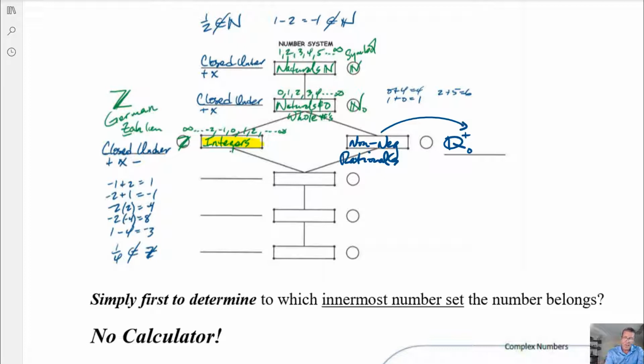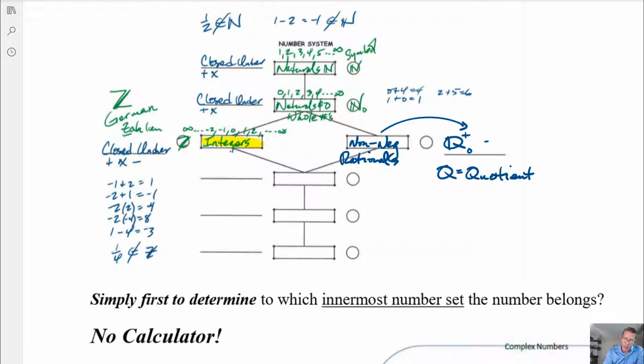That's what non-negative means. And the reason why we use the symbol Q for rationals is that Q stands for quotient. As you know from grade school, a quotient of two integers represents any rational.